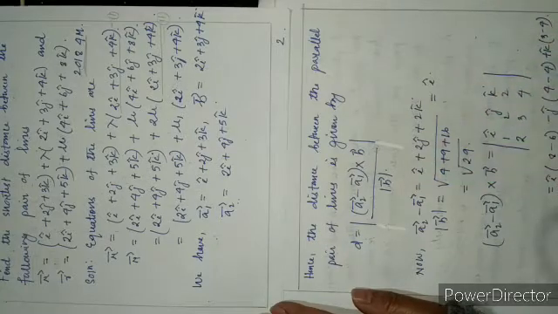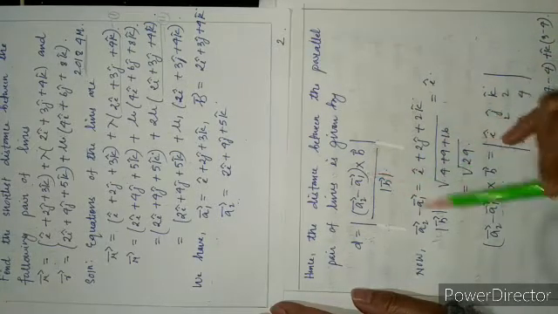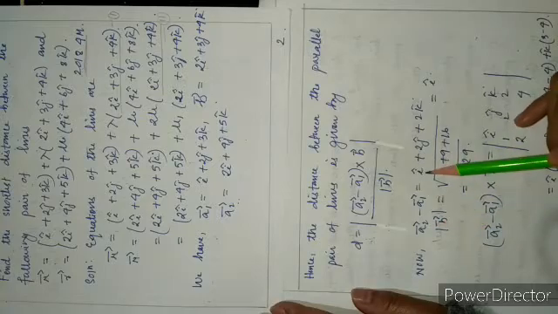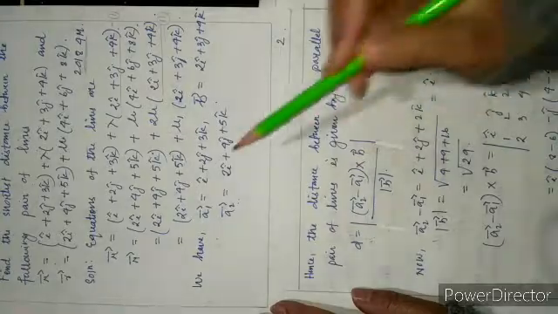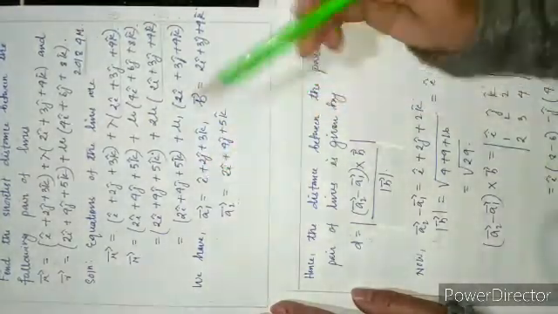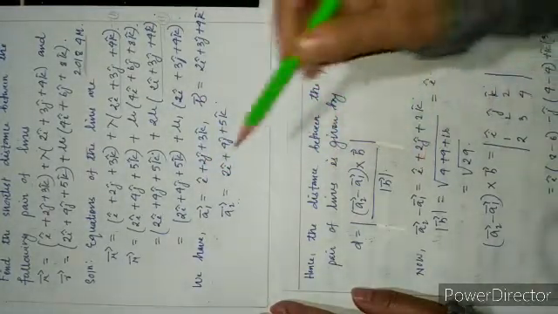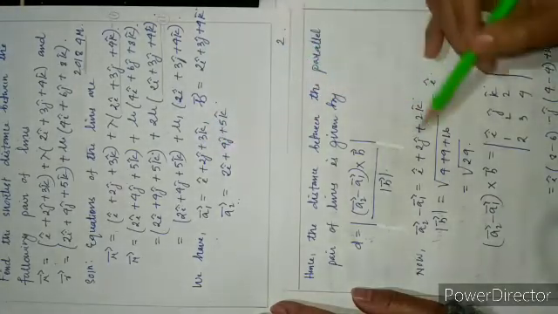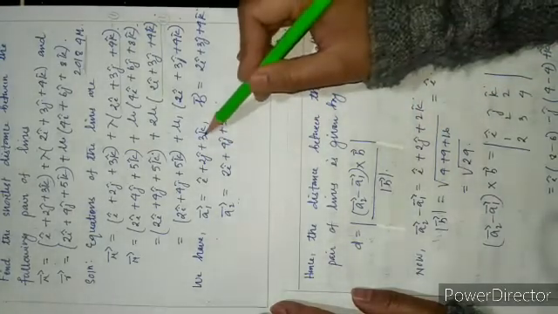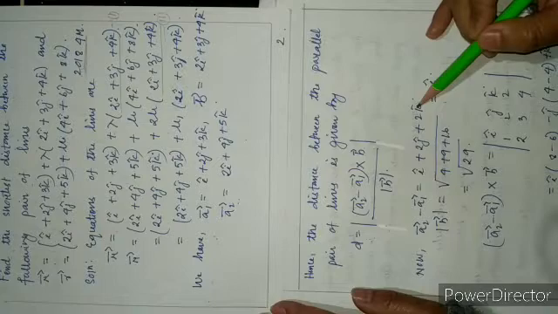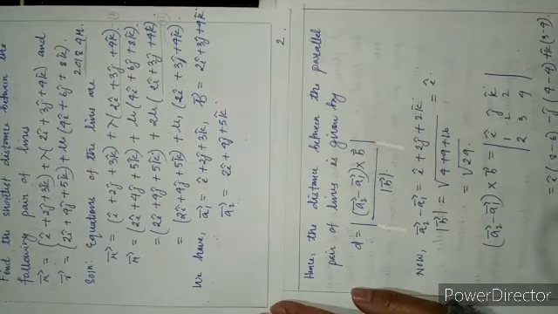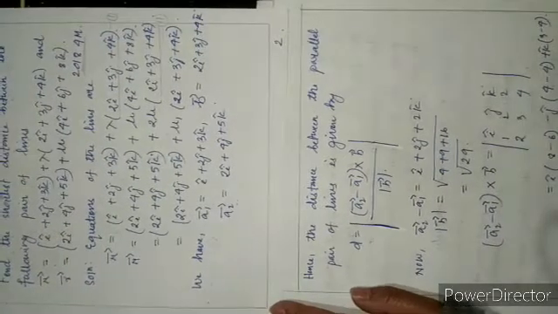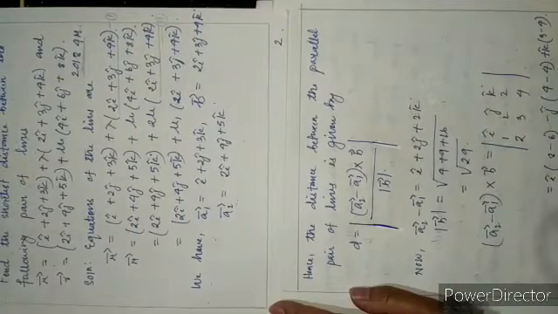First we find a2 minus a1 by subtracting: 2 minus 1 is 1, then 4 minus 2 is 2 times j, and 5 minus 3 is equal to 2 times k.